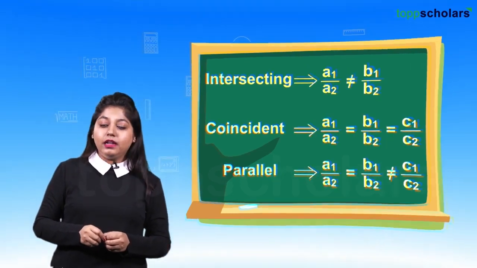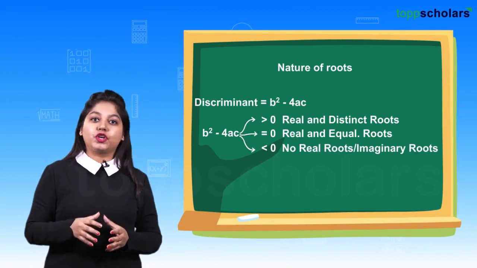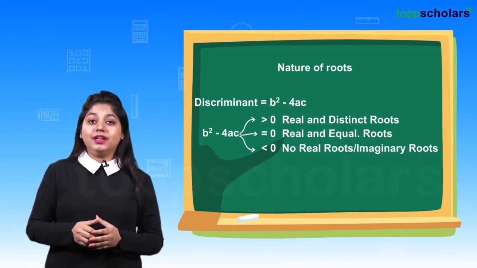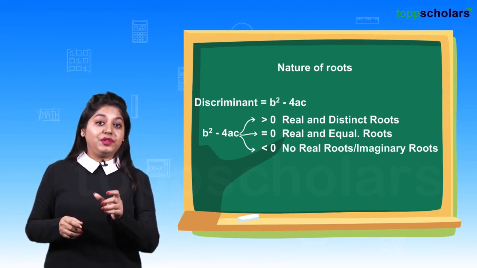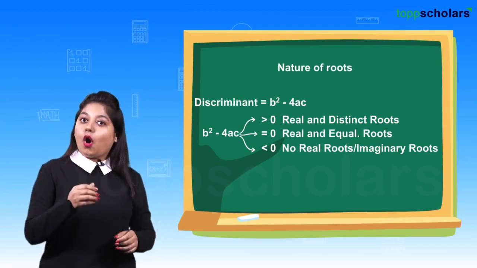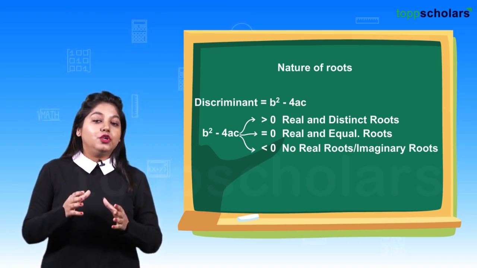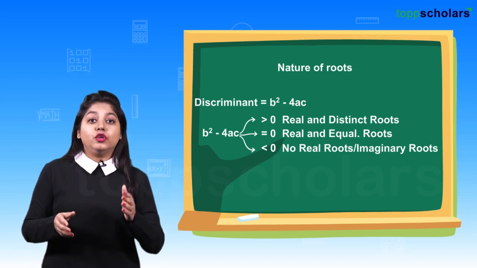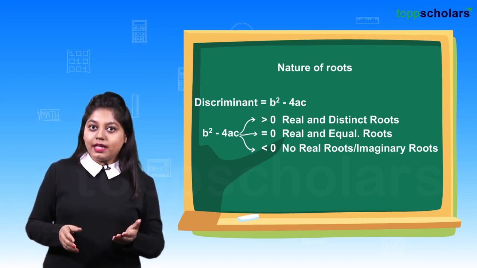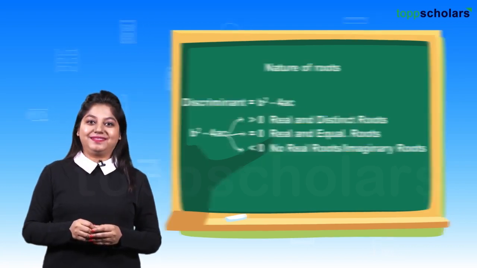Correct? While for quadratic, you have the condition based on nature of roots. Nature of root, that simply means it can be real and distinct, or real and equal, or imaginary roots. So students, when these conditions are there in front of you, you can easily analyze them. You can also analyze the situation, and using your knowledge, you can solve those questions.